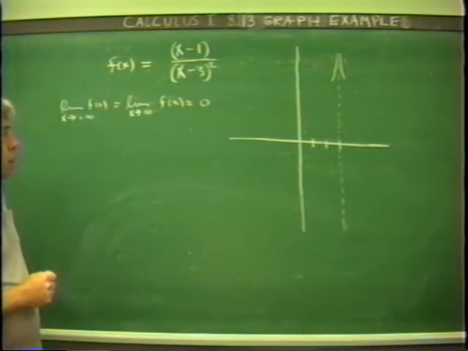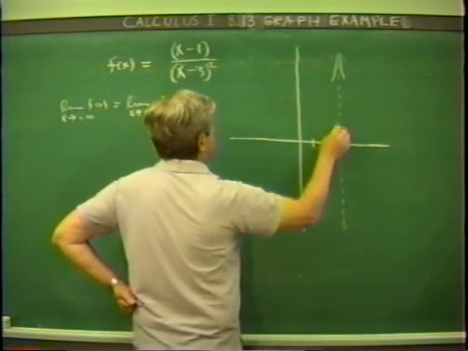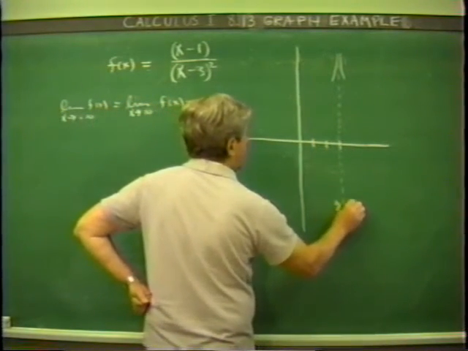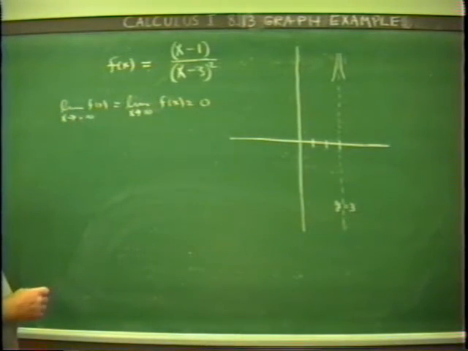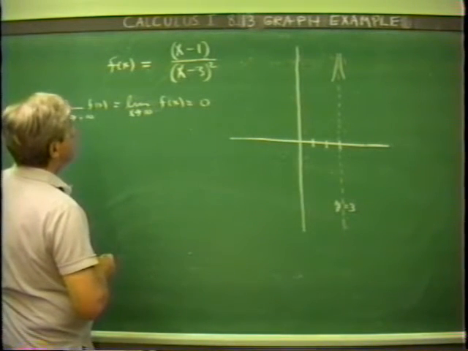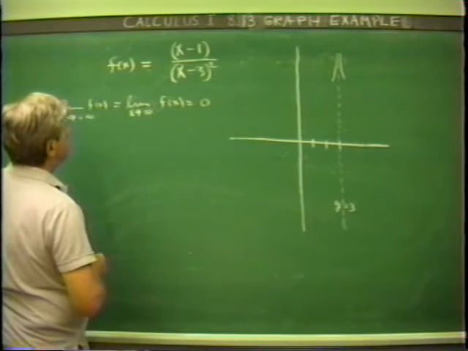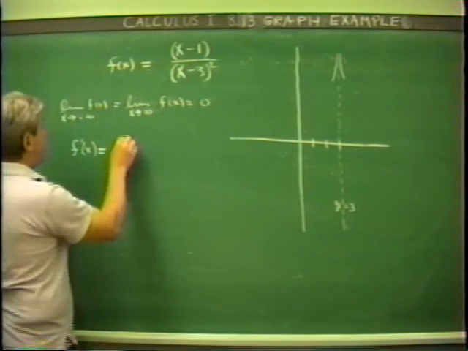So that the function is going to have 0 for a horizontal asymptote on both sides, and it's going to have a line x equals 3 for a vertical asymptote. Okay, we now wish to take the derivative of this function.